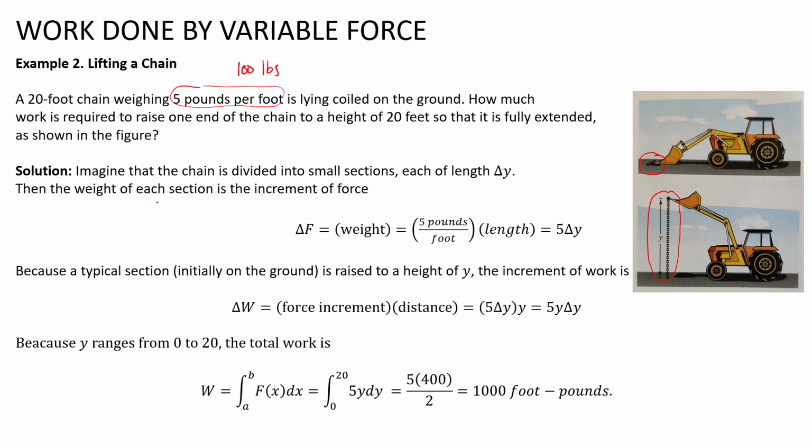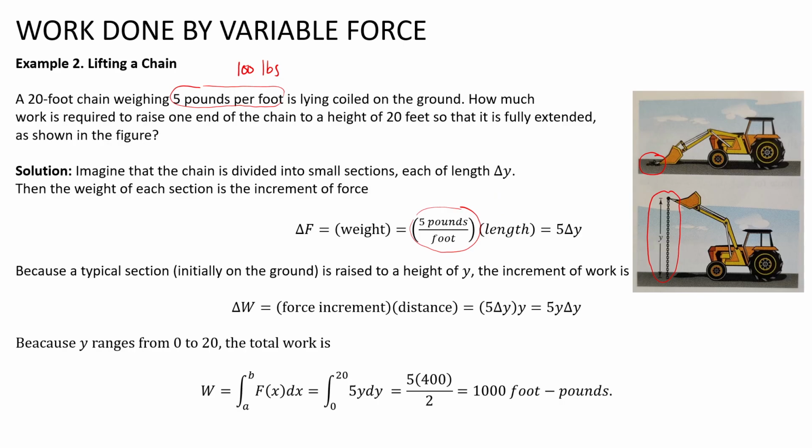So the weight of each section is the increment force. The weight is 5 pounds per foot, which is coming from the problem. Again, we don't multiply it directly with 20, because the length is changing, right? From 0 going towards 20.